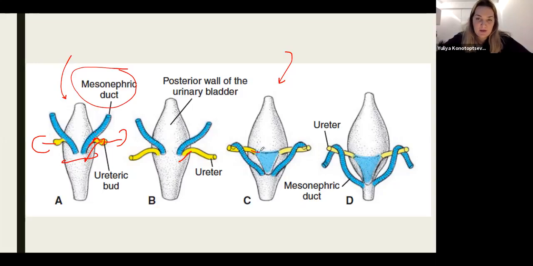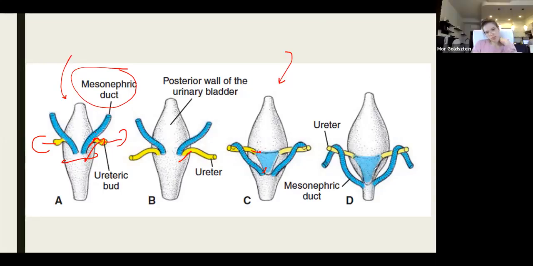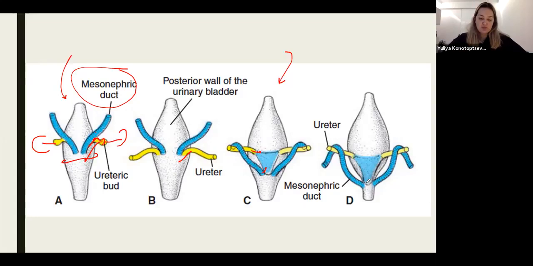The ureteric bud and mesonephric ducts are going to give you the intermediate mesoderm, which proliferates in this triangular area. So the rest of the bladder is endoderm. This area is mesoderm. How do we call this area? Trigone. So this is the trigone. So what is so special about trigone?